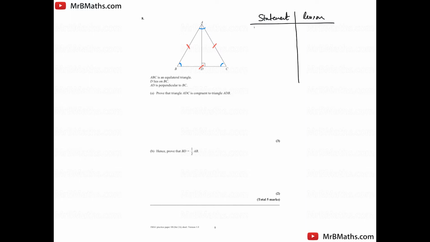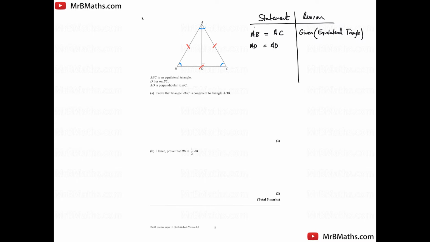first method I'm going to say is that AB, on the left there, equals AC. Okay, and then say given, and then in brackets equilateral triangle. Then I will say that AD equals AD, the center.